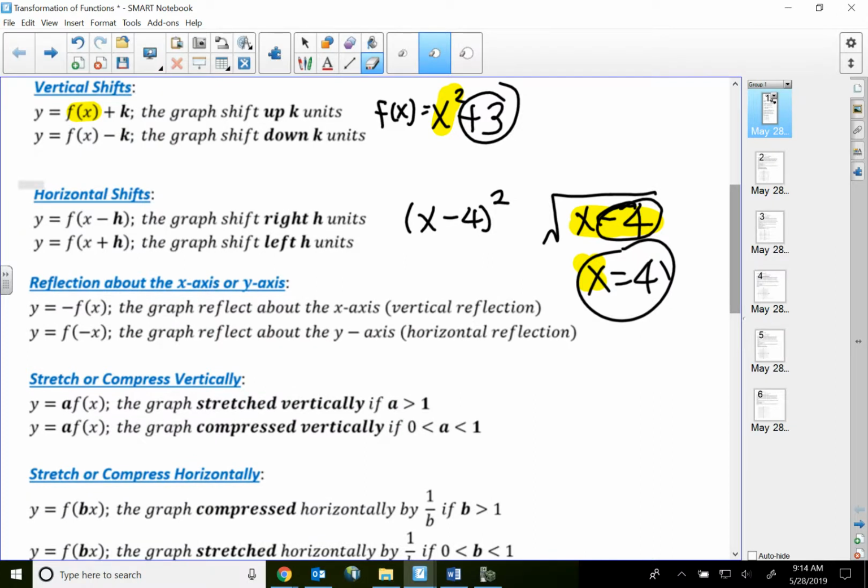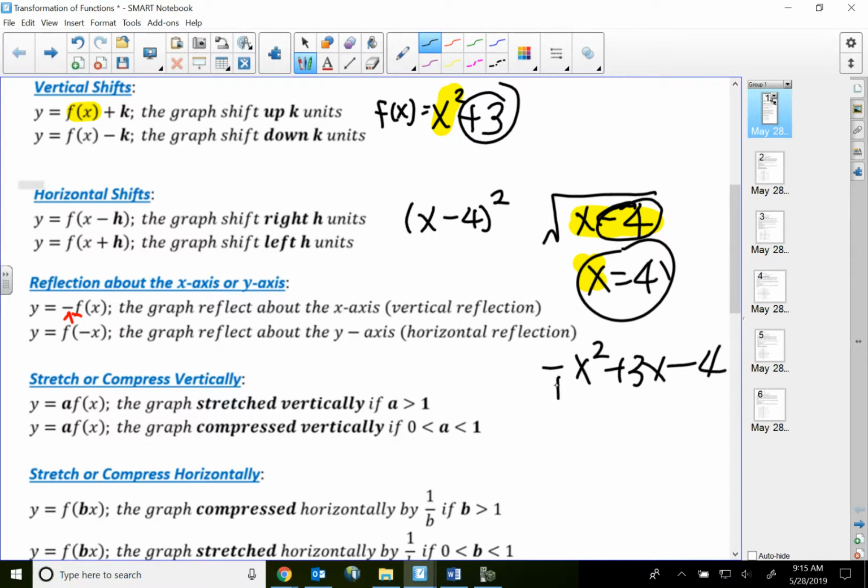Reflection about the x-axis or y-axis depends on the signs on the leading term, or what's in front of your function. If the negative sign is in front of the function, just like when we had negative x squared plus 3x minus 4, this negative sign tells me my parabola will open down, because without the negative sign, the parabola opens up.